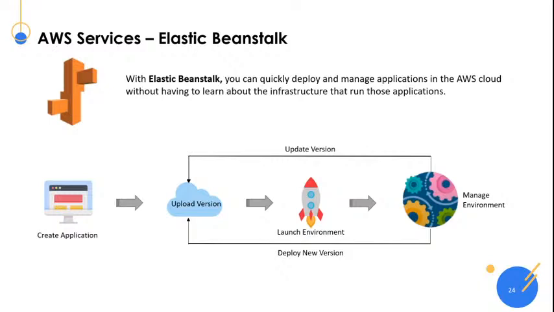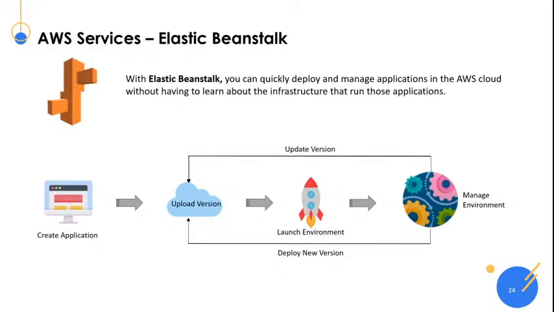And basically, Elastic Beanstalk is a web application server, and you cannot install any other software on it. It's a web application server on which you can upload your website, and you don't have to install any software or anything else. And we talked about what is infrastructure as a service, right? And what is platform as a service.